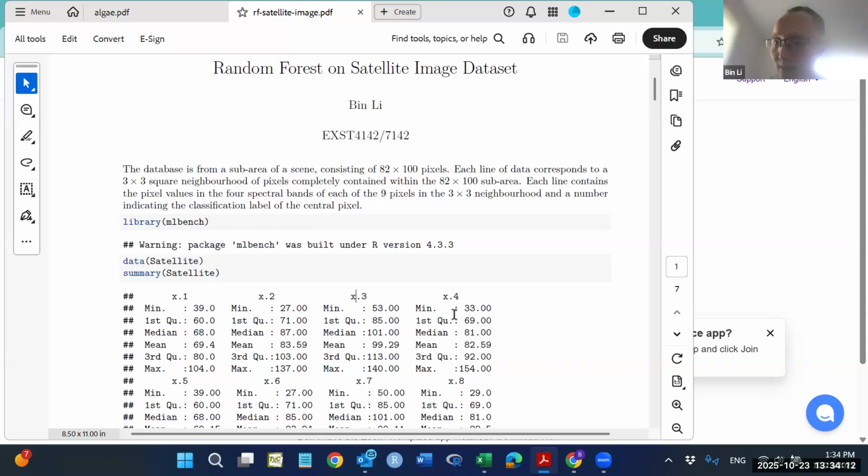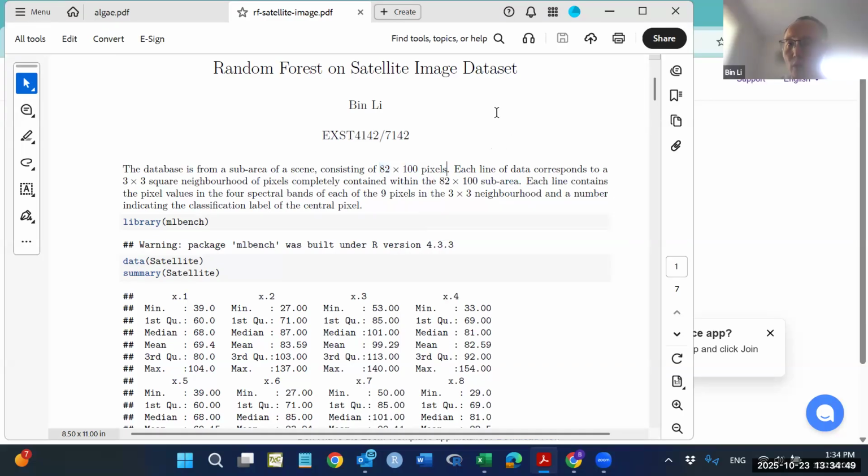One is the one that I left from the random forest, and the other is the case study about the algae, to predict algae concentrations. This is the random forest example, an image data analysis. The data set is on a sub-area of a scene that consists of 82 times 100 pixels.